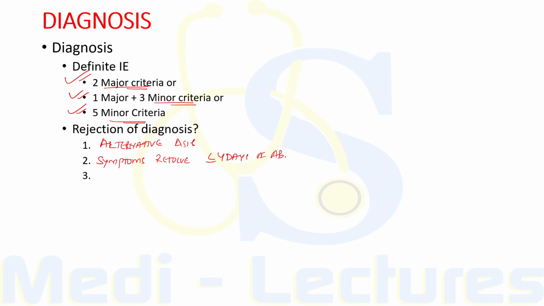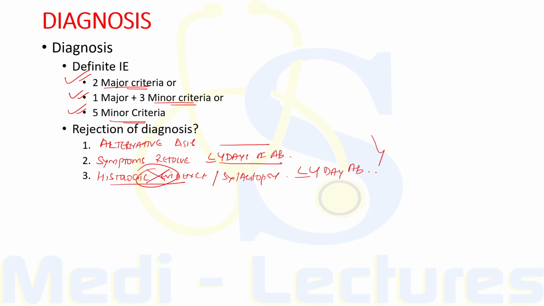If symptoms resolve within 4 days of antibiotic therapy, or if histological evidence is absent on surgery or autopsy within 4 days of antibiotic therapy. So if any of this is present, we will reject the diagnosis of infective endocarditis.